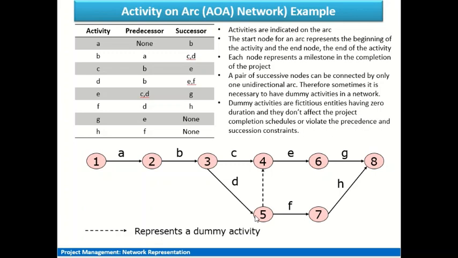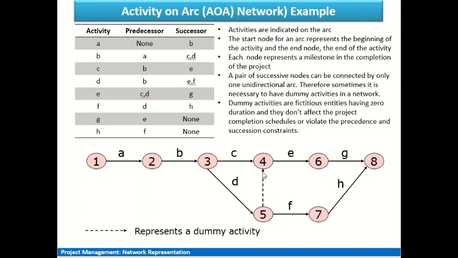Now its successors are E and F. So from 5 we have successors E and F. Node 5, or rather activity D, has two successors, and since we cannot have more than one arrowed line or arc from a node, we incorporate this dashed line, which represents a dummy activity.